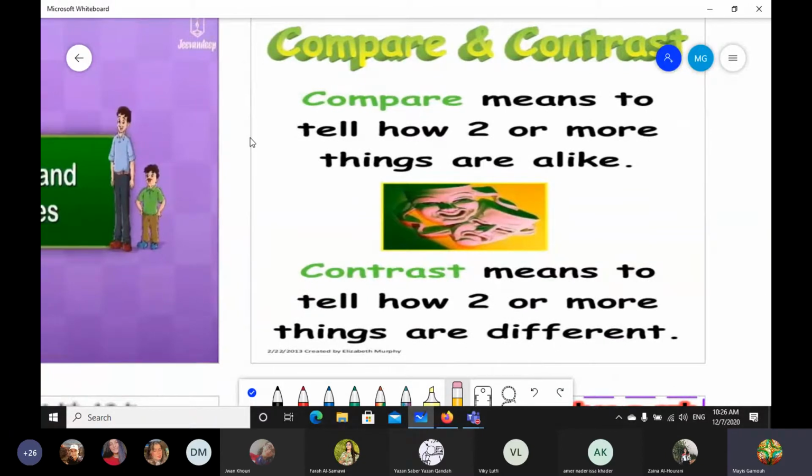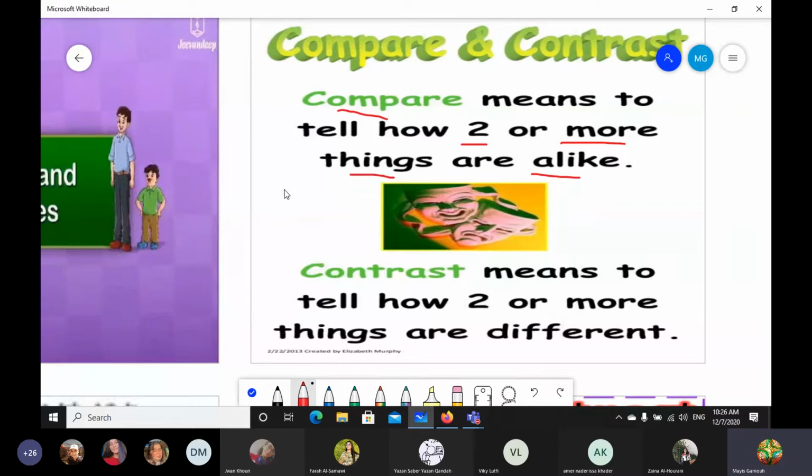What do I mean by those 2 terms? Look here at the word compare. The word compare means to tell how 2 or more things are alike, are the same.